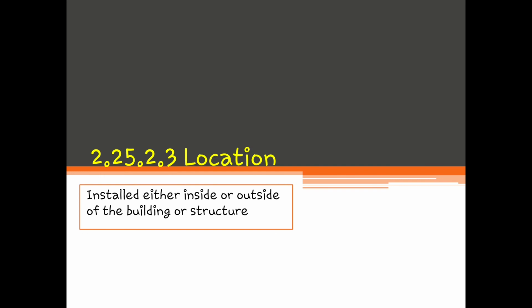Ang location sa ato ang disconnecting means kay pwede na pod inside or outside of the building or structure. Kinanglan atong mga disconnecting means kay kinanglan readily accessible siya. Dapat ang location kay nearest the point of the entrance of the conductors para pod sa pag naay mga emergencies, guys. Pag naay mga emergencies, dali ra nato siya ma-disconnect.